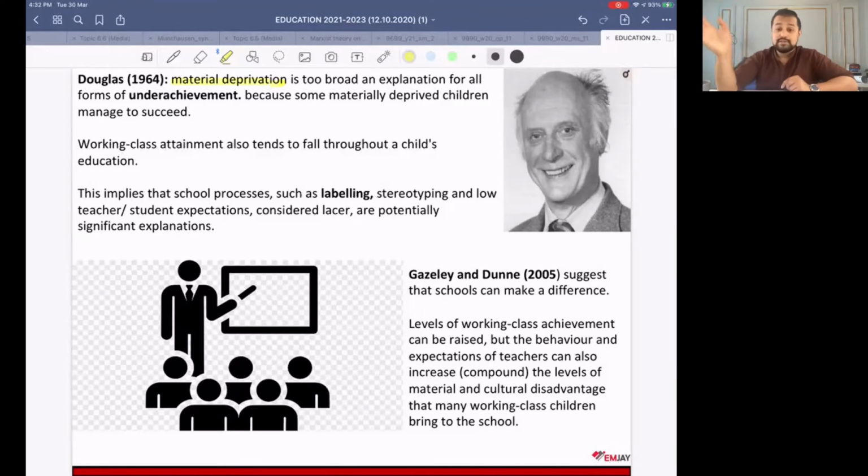And when we talk about these in-school factors, we have processes such as labeling. You all know what labeling is: someone being called a smart child and someone being called a not so smart child. In this case, children from the middle class, just because they match the teachers' value system, belief system, and come from the same background, if the teachers start labeling pupils in terms of how smart or not so smart they are based on the social class they belong to, this can cause problems.